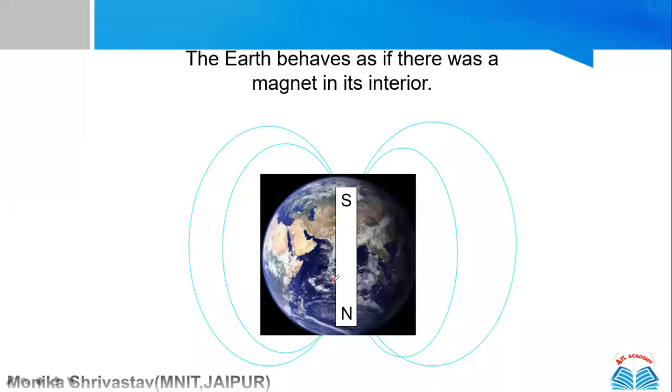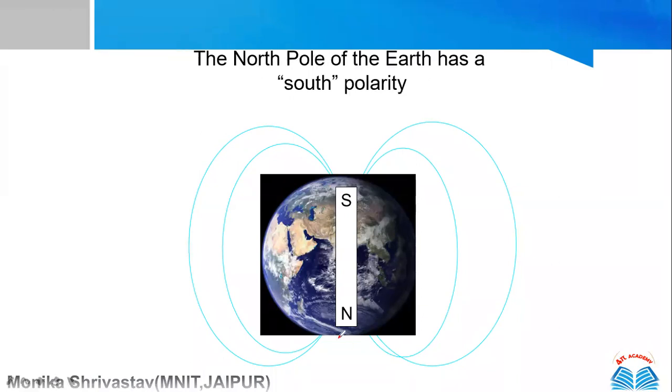A giant magnet is situated just inside this Earth, having the pole S for the north pole region of Earth and the pole N for the south pole region of Earth. Yes, the north pole of Earth has a south polarity.